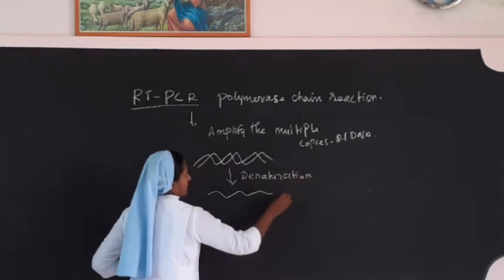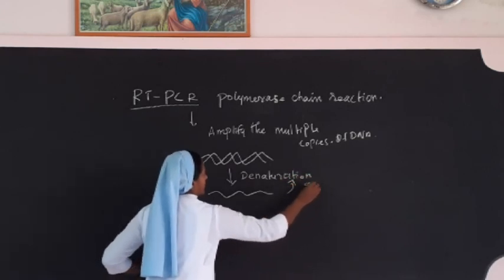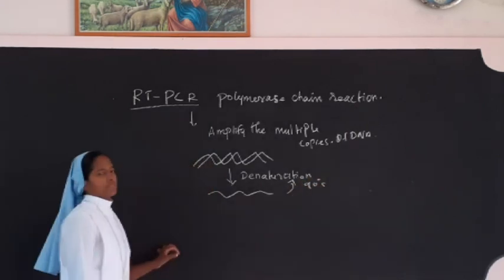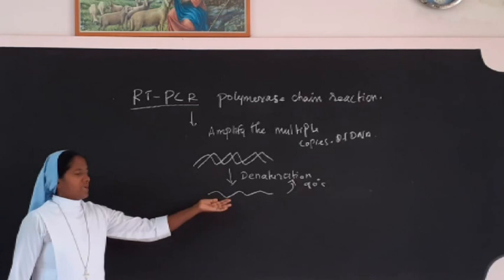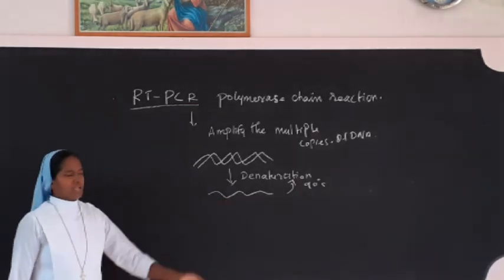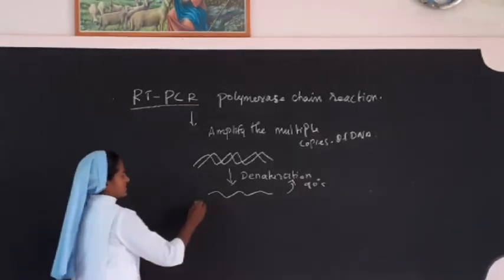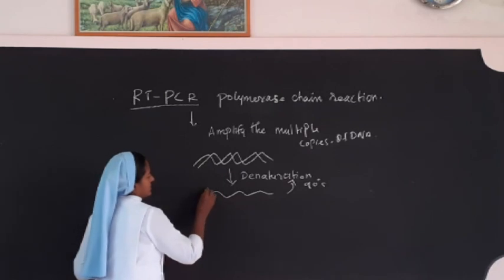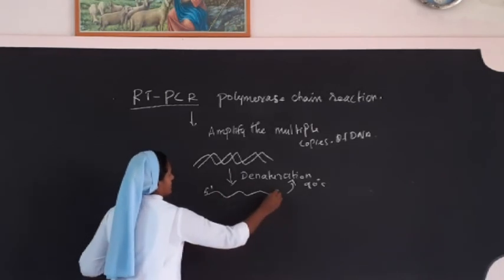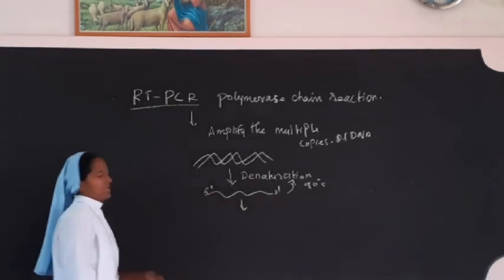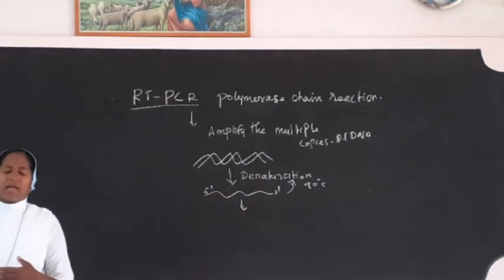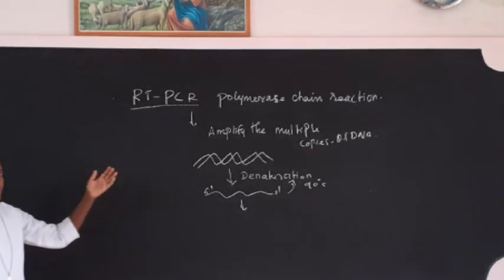It is done by applying heat, 90 degrees Celsius. This double strand DNA is now made into single strand DNA, and it contains the two ends, that is the 5' end and 3' end. Now this single strand DNA can be amplified in this technique.